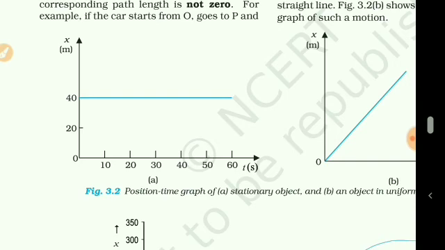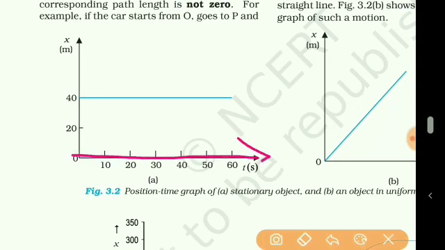Only the motion along the straight path is considered. Here this horizontal axis represents the time in seconds, and this vertical axis represents the position or the displacement.